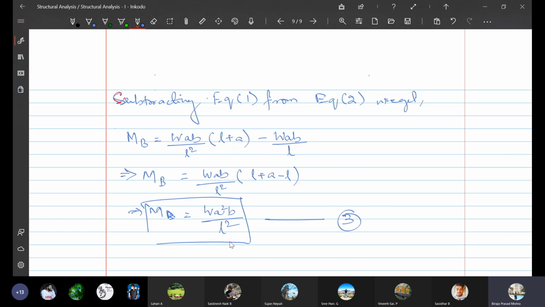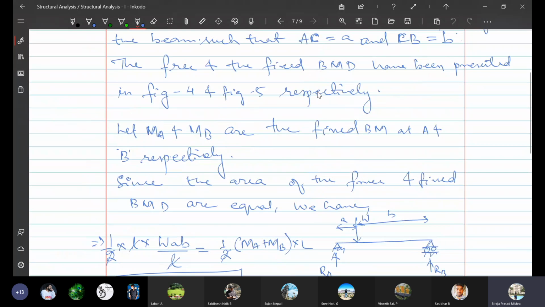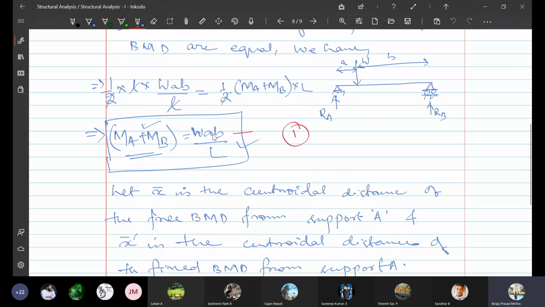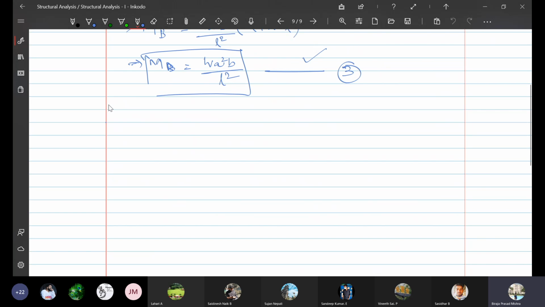Let us say I'm making it equation 3. Now putting this equation 3 in equation 1. What is equation 1? Equation 1 is here. If I put the value of MB, then I will easily get MA.